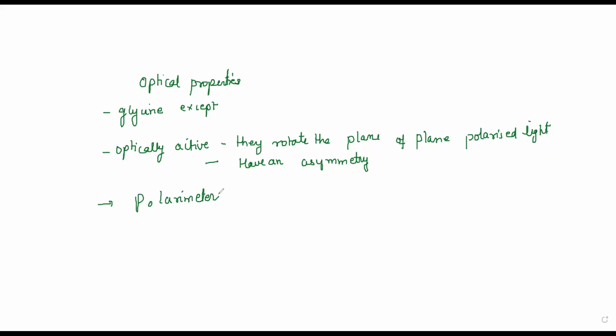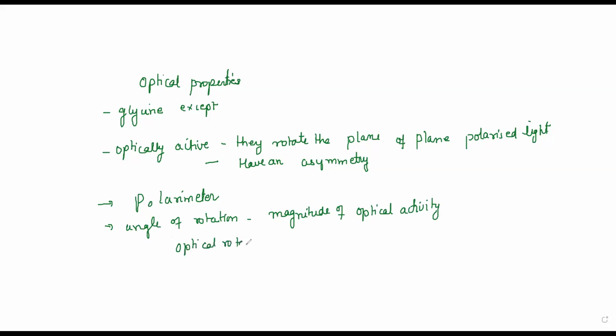So the magnitude of optical activity is measured as the angle of rotation. The quantitative measure of optical activity of a molecule is known as optical rotation, and it is denoted by alpha.